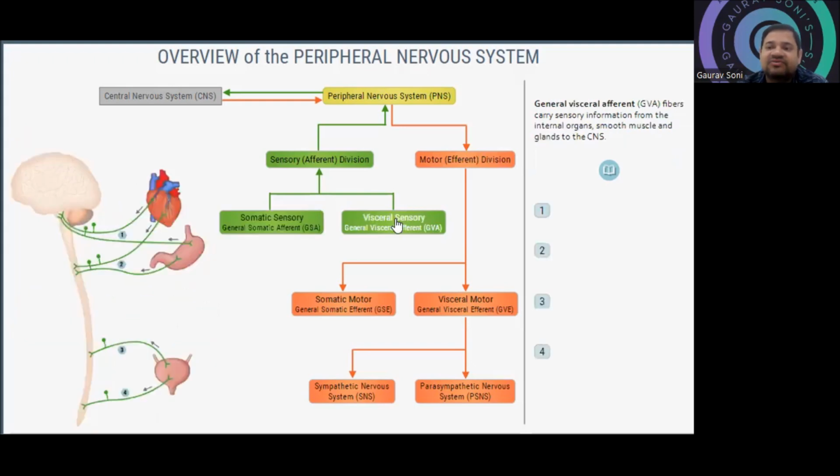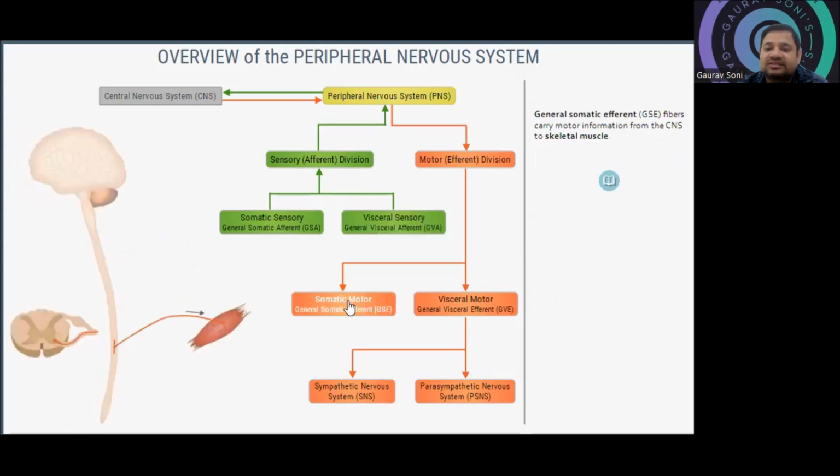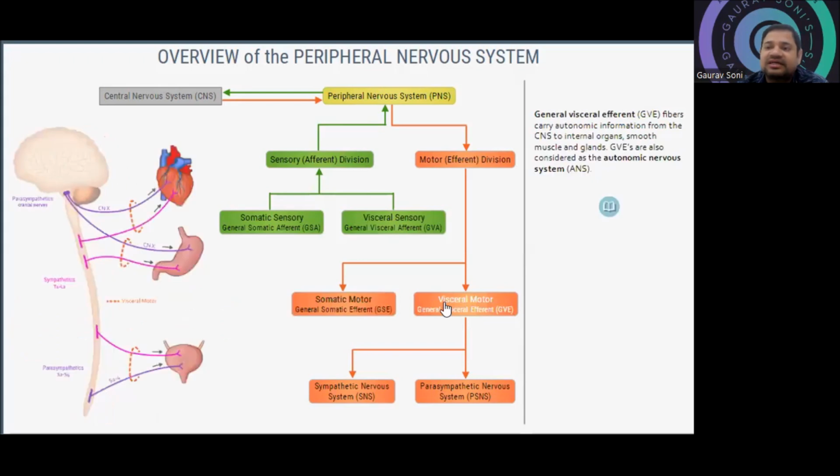Visceral sensory fibers carry information from the internal organs, smooth muscles, and glands to the CNS. Likewise, somatic motor carries the motor information from the CNS to skeletal muscle. Visceral motor carries the information from the CNS to internal organs, as you can see in the diagram, smooth muscles and glands, so they are also considered to be the autonomic nervous system.